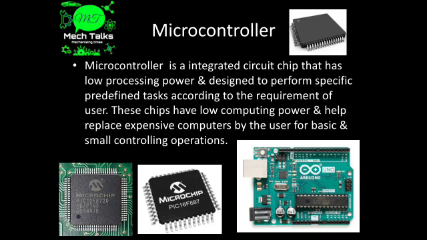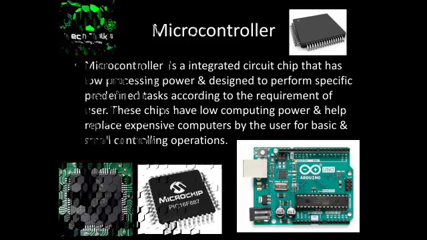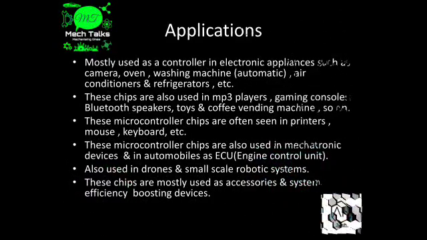So let's see what are the applications of microcontrollers. Most of the electronic appliances like ovens, automatic washing machines, air conditioners, and refrigerators have these microcontrollers. If we talk about air conditioners, for example, if you want to set the temperature of your room, you could be setting it to 16 degrees centigrade.